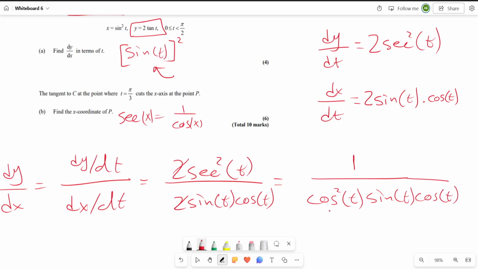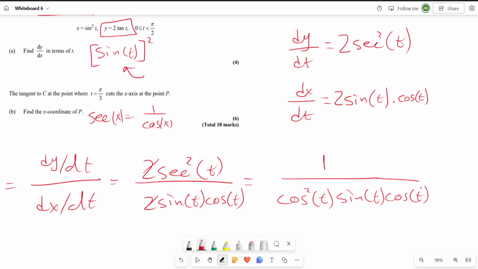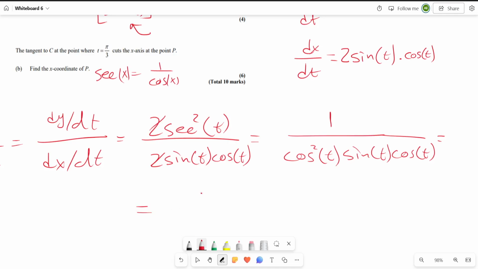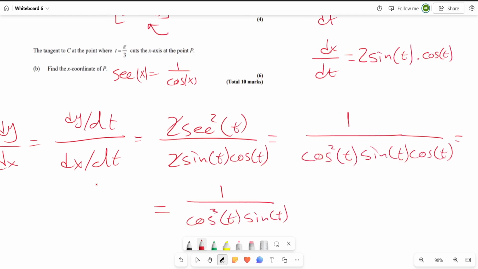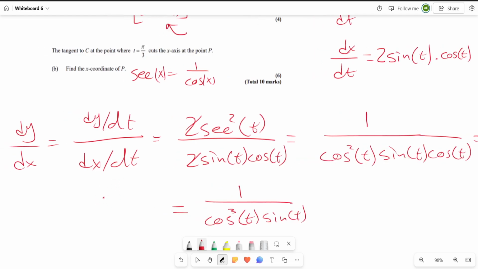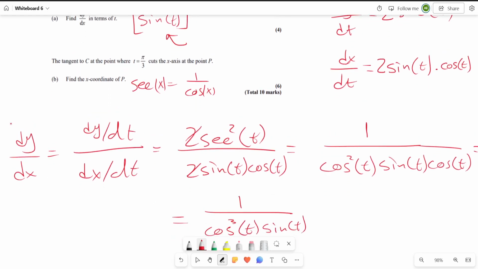So I can multiply this cosine squared with this cosine, which is going to be equal to, let's write it over here, 1 over cosine cubed of t multiplies sine of t. So this is dy by dx. This is the equation of the derivative. Okay, so this is part A.